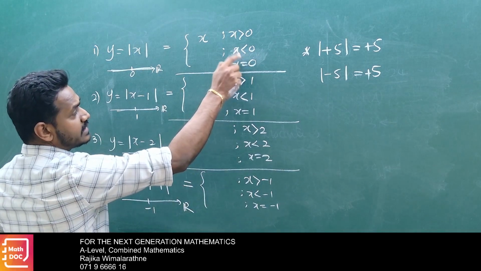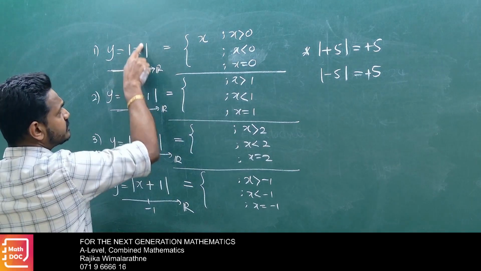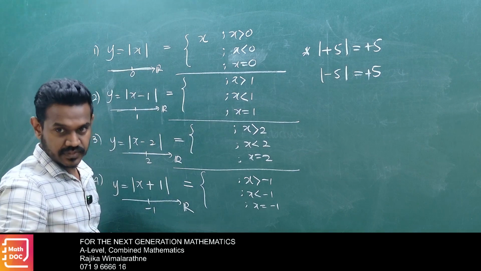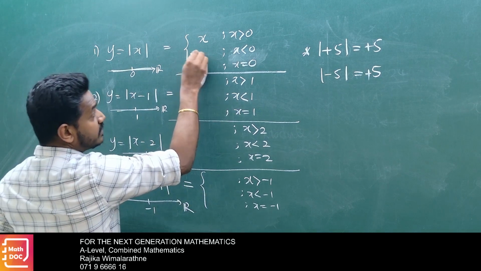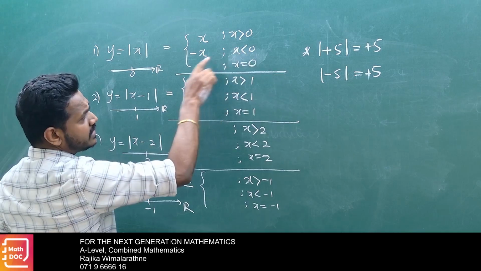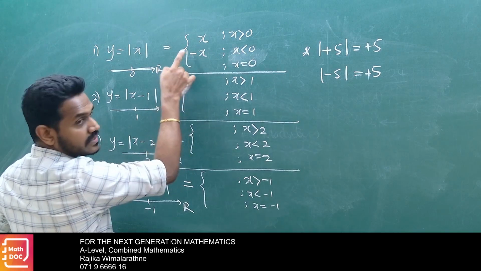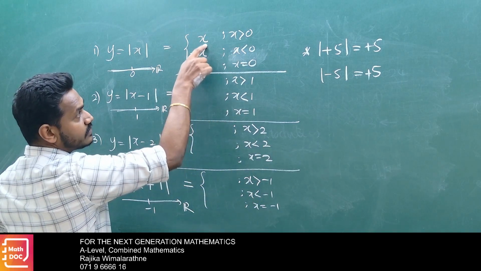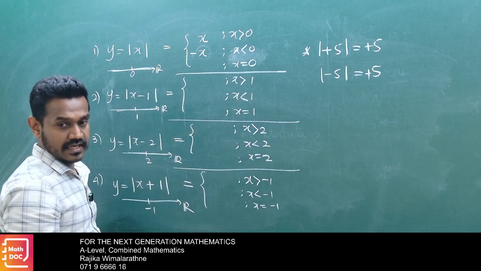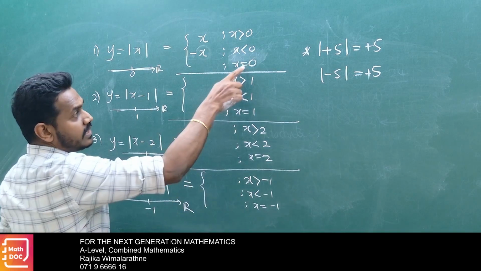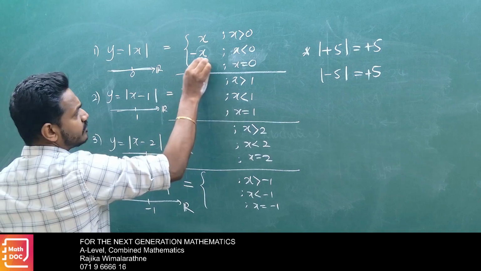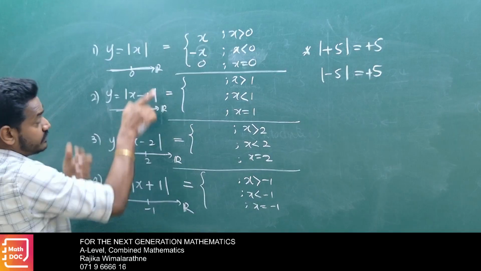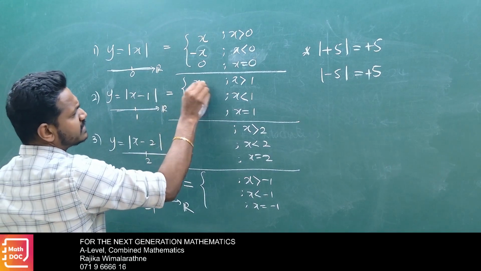For the x less than 0 region, this one is negative. We need to reverse the sign: negative needs to convert to positive, so you put another minus outside. With x negative and the minus outside, we get positive. When x equals 0, we get 0. For x greater than 1, it is positive, so no need for the modulus sign.